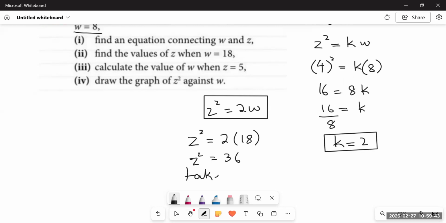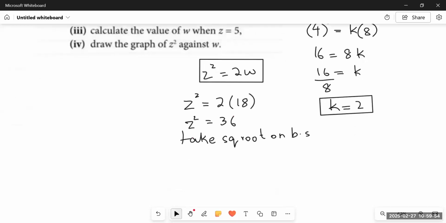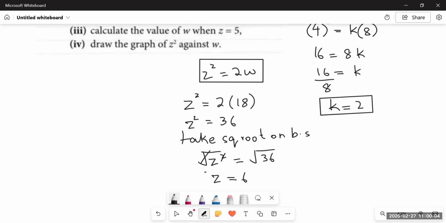When there is a cube, then we have to take the cube root on both sides. So it would be under root z square equals under root 36. We know 36 is a perfect square, so we will get the value of z as 6 for the value of w as 18.